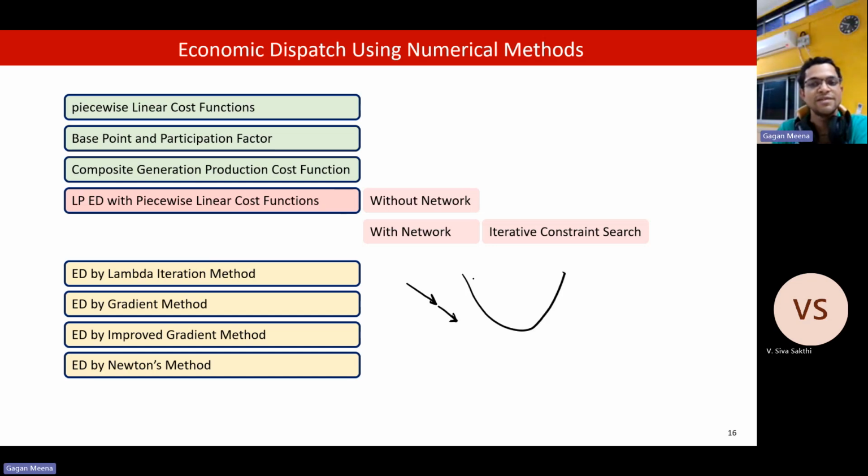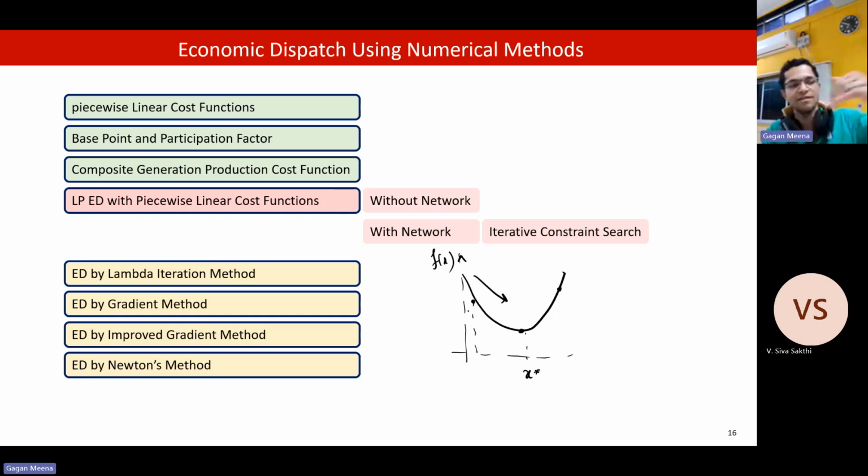The minimum, it's a function like this, and this is the optimum value x star. If we start from here, then we want to move in this direction, or if we are here, we want to move in this direction, because it is descending, the function cost is reducing here. In our case the function value is cost, so it will reduce.